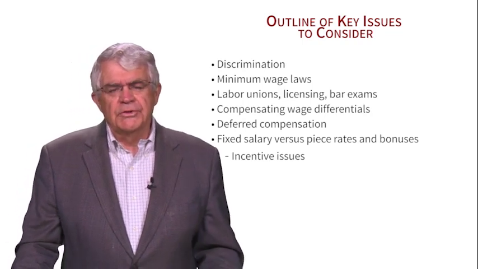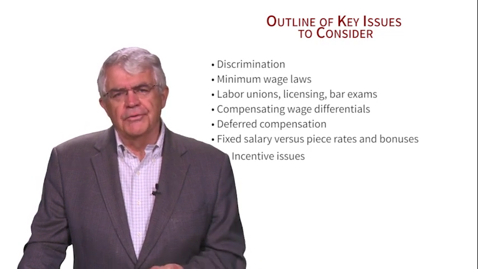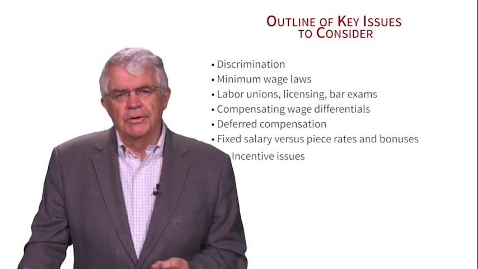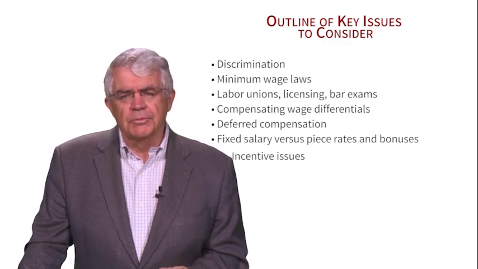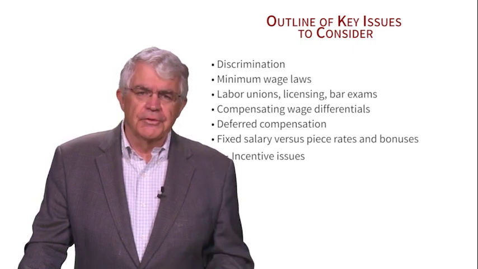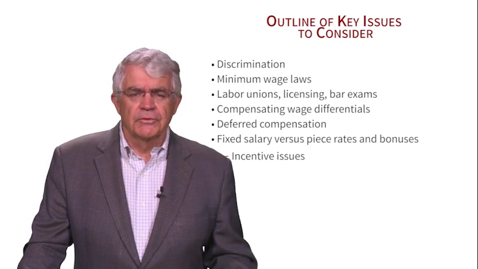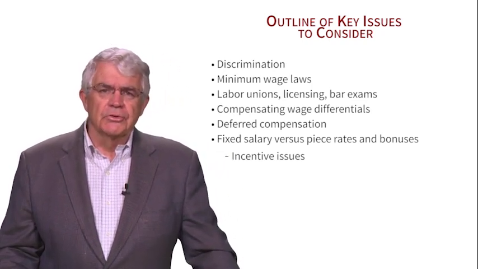So they're all related to incentives, and those incentives are at the heart of the supply and demand model. Incentives meaning people are trying to maximize their utility, if they're workers or consumers, or maximize their profits if they're firms. This is an example, several examples, of how we use the supply and demand model to consider important issues in the real world.